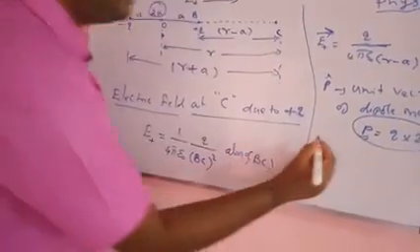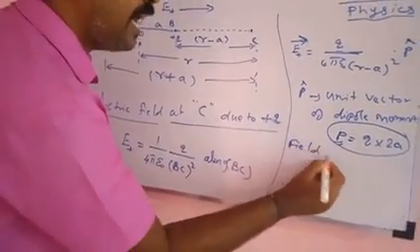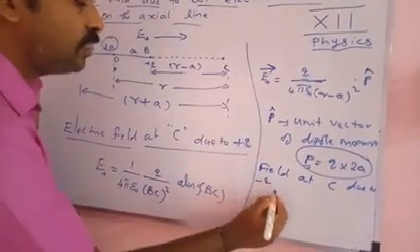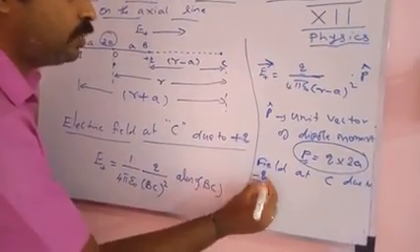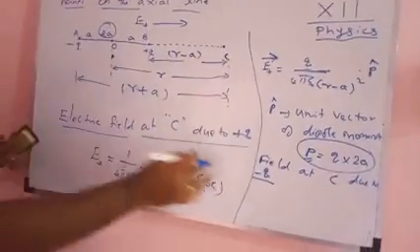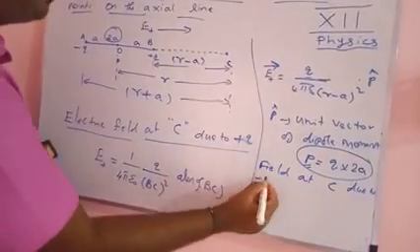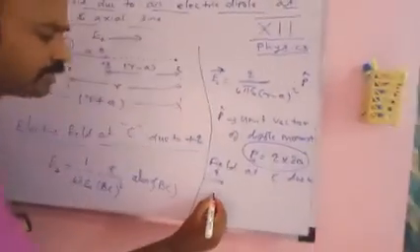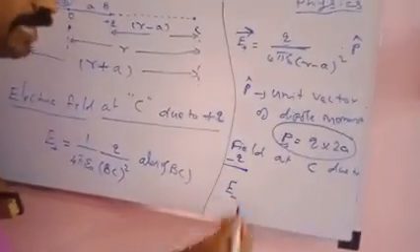Now similarly, the electric field at C due to minus Q, that means the negative charge available at point A. In the same way, E minus.